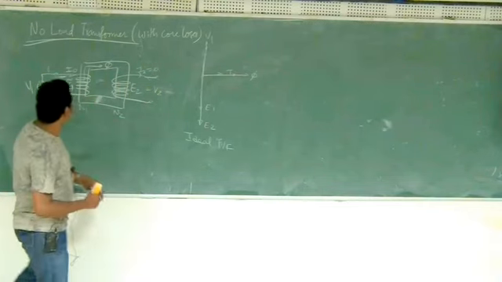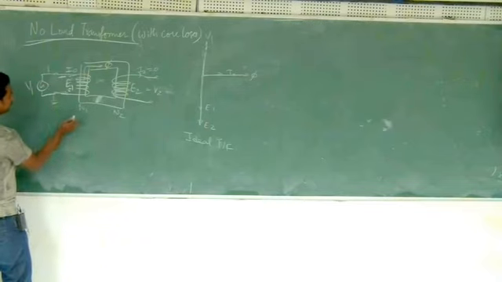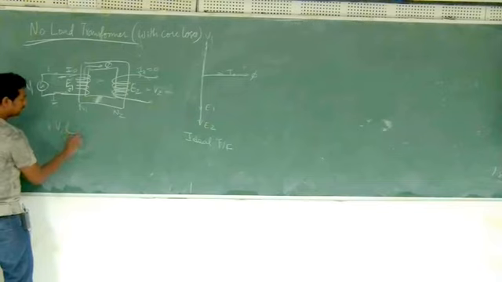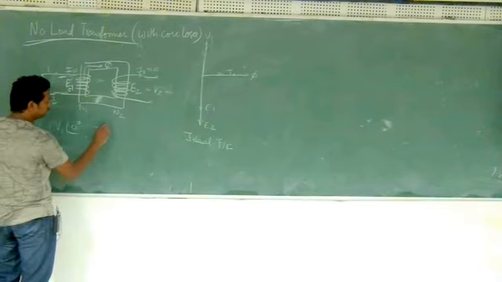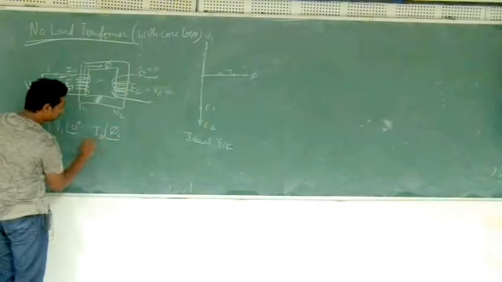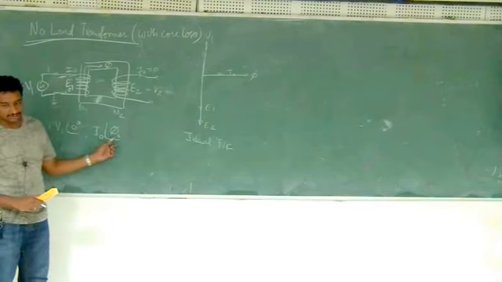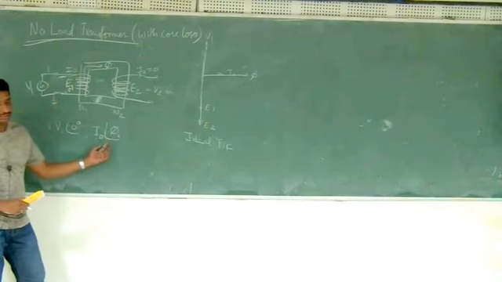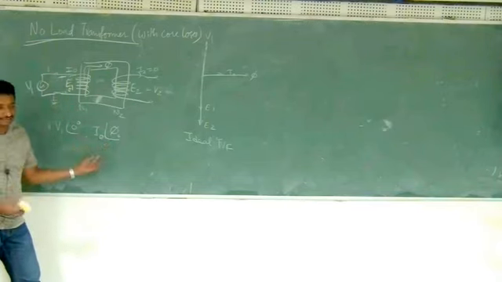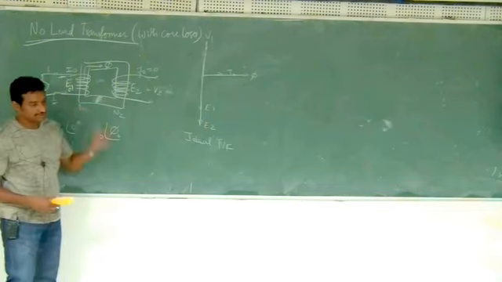To model that, we say that if V1 angle is 0 degrees, then you have I1, let's call it I0, the no load current, with some angle phi 0. This angle is slightly less than 90 degrees, maybe 85 degrees, 80 degrees, or sometimes even 75 degrees, depending on the design of the transformer.